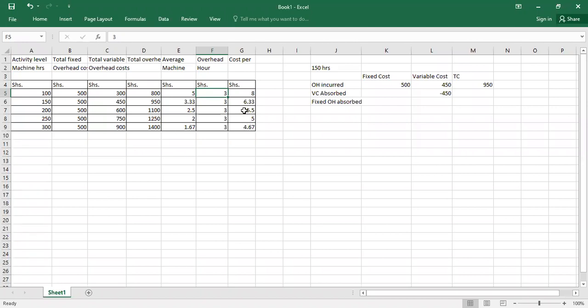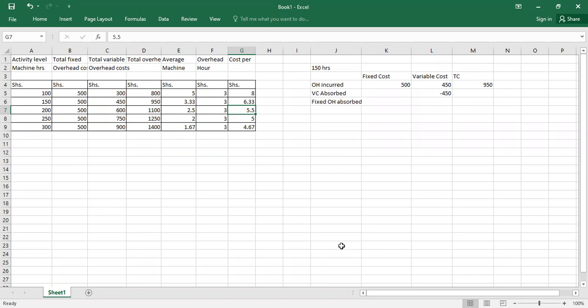So our average is 5.5, isn't it? That is what is lying more or less in the middle. So can we use our base as 5.5? So what is 5.5 minus 3? 2.5.